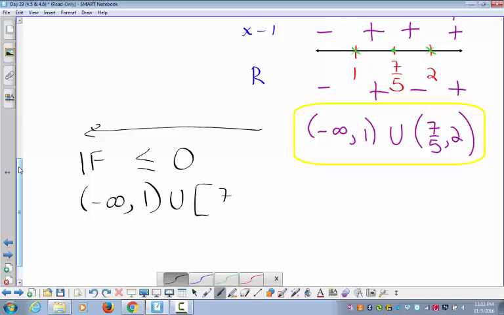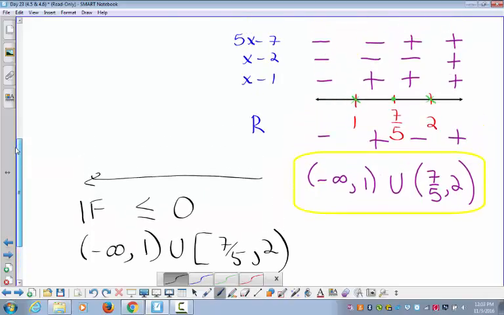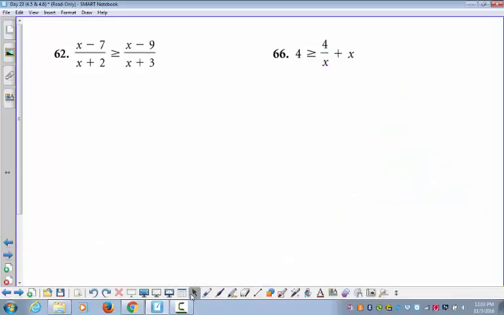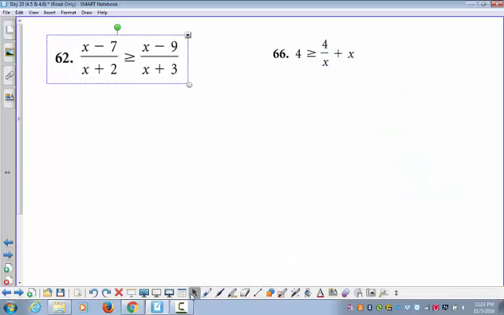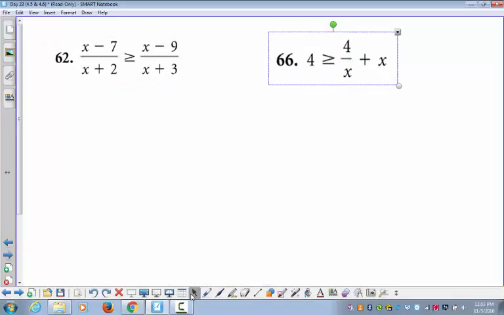So we would put a bracket, 7/5 comma 2. 2 has to be excluded, so a parenthesis on the 2. So if there was a compound inequality, we would include just that one endpoint. Any questions on any steps? A little bit more complicated than the polynomial ones, but still very procedural, not too crazy.